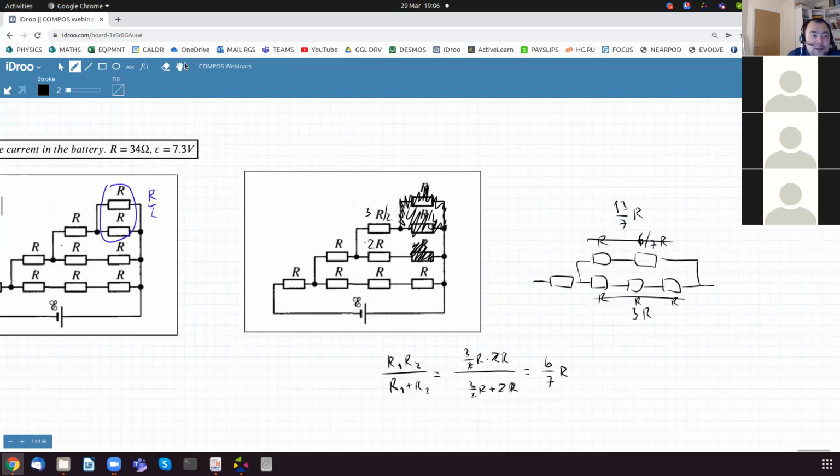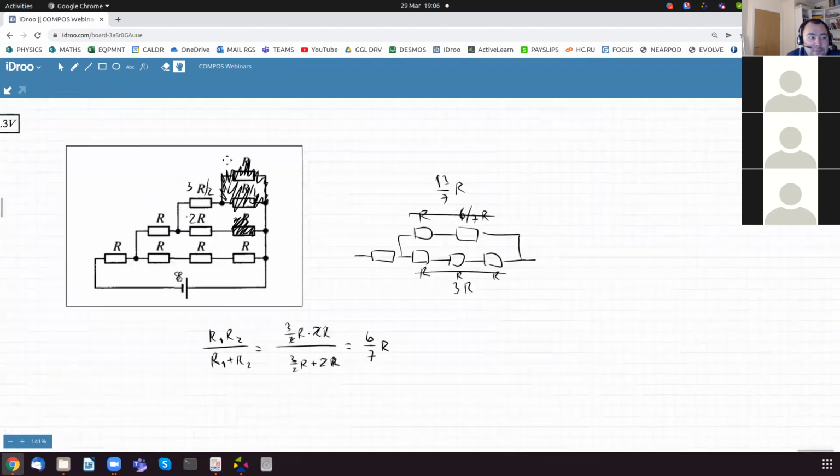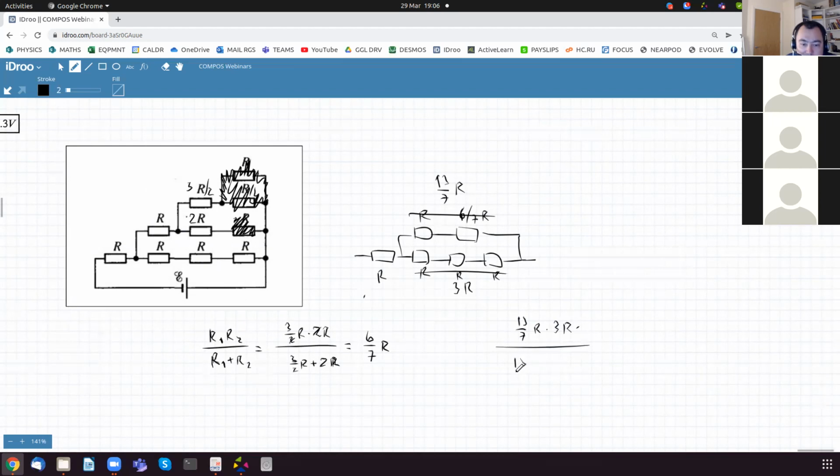13/7 R. So we need to find the total resistance. So it's going to be 13/7 R times 3R divided by 13/7 R plus 3R.